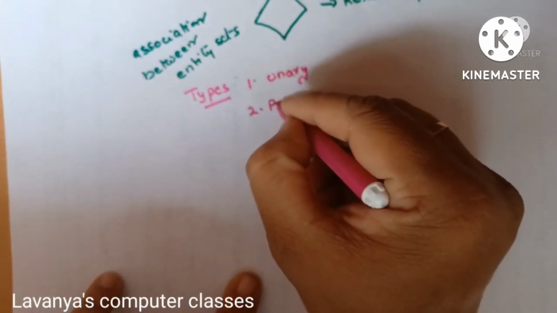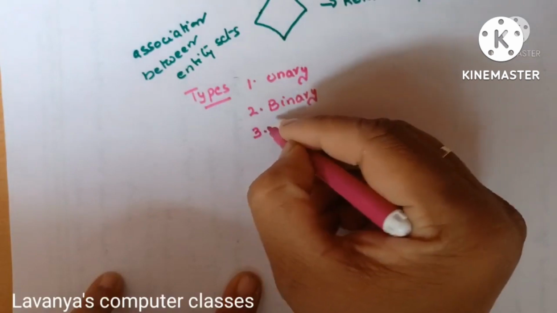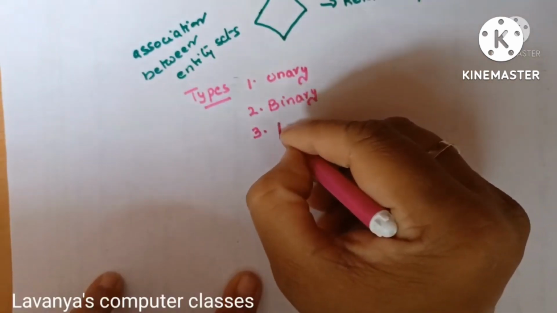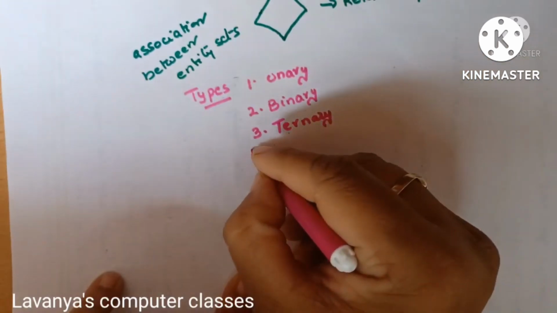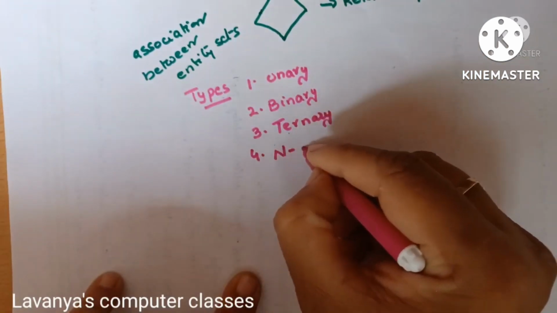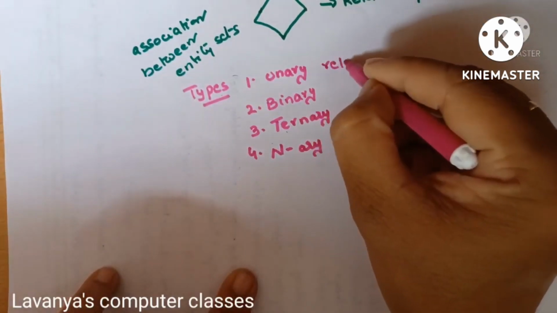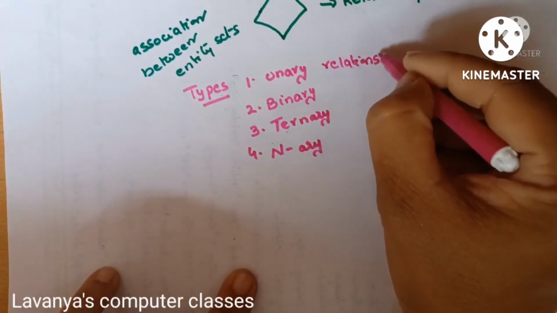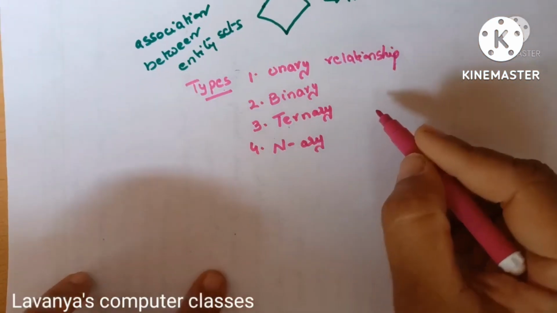Second is binary relationship. Third is ternary relationship. Fourth is n-ary relationship. Unary means 1, binary 2, ternary 3. More than 3 is known as any number, that is n-ary relationship. So these are the types of relationships.